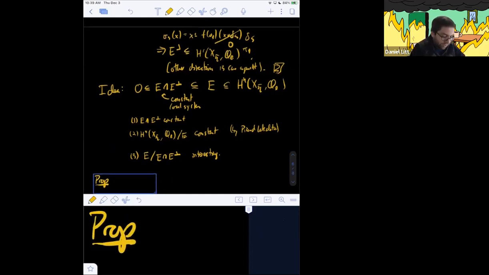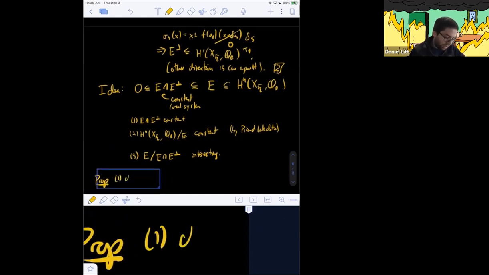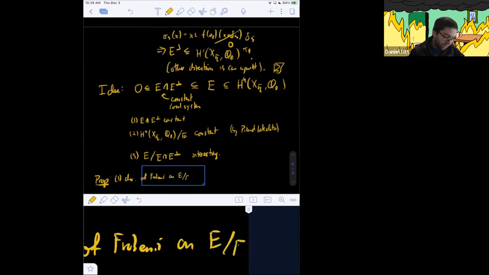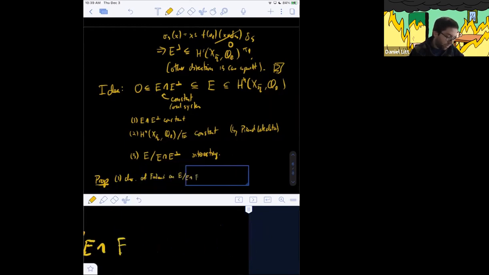So let's write this down. Proposition: the characteristic polynomials of Frobenius on E mod E intersection E perp are rational.